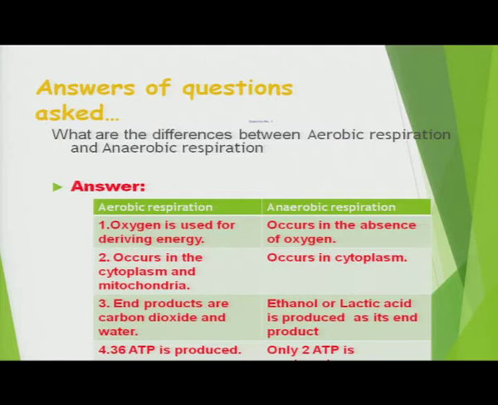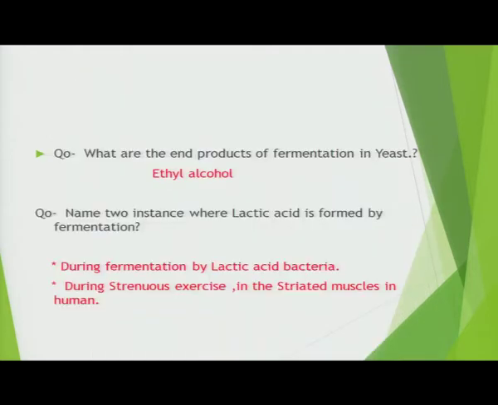Aerobic respiration involves the cytoplasm and mitochondria, while only the cytoplasm takes part in anaerobic respiration. The end product is carbon dioxide in aerobic, and lactic acid and ethanol in anaerobic. 36 ATP is produced in aerobic, 2 ATP in anaerobic.